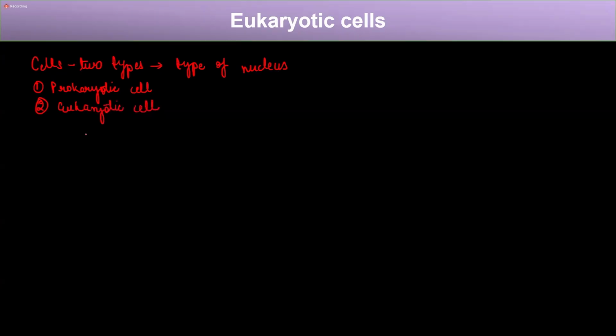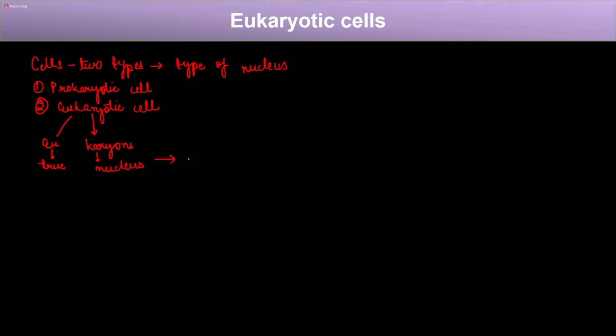If we break the term eukaryotic, it comprises two parts. The term eu means true, and karyotic is derived from the word karyons, which means nucleus. So what is a eukaryotic cell?